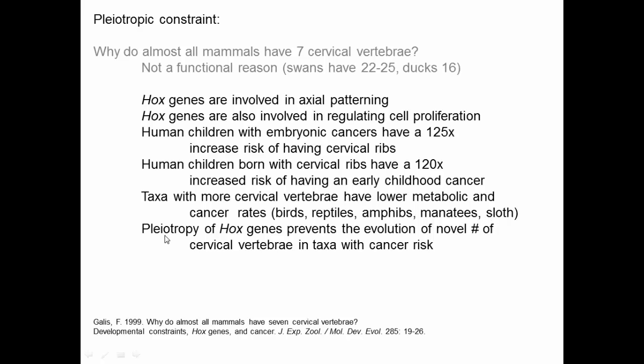So what seems to be happening is that pleiotropy, so that is genes with more than one effect, pleiotropy of the Hox genes prevents the evolution of novel number of cervical vertebrae in taxa that have cancer risk that can then be multiplied and actually lead to real fitness costs. This pleiotropy of the Hox genes prevents evolution of new numbers of cervical vertebrae in taxa with cancer risk, which is basically mammals that have high metabolisms, or at least metabolism, not these guys.